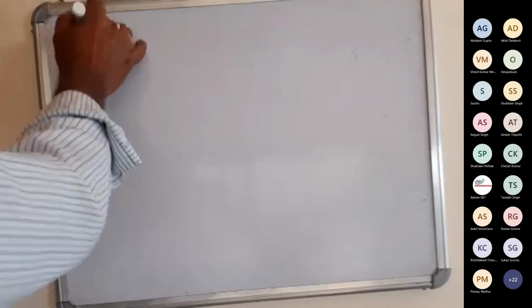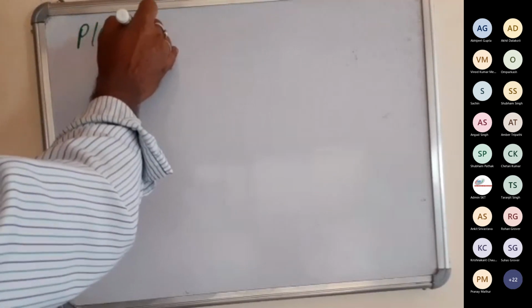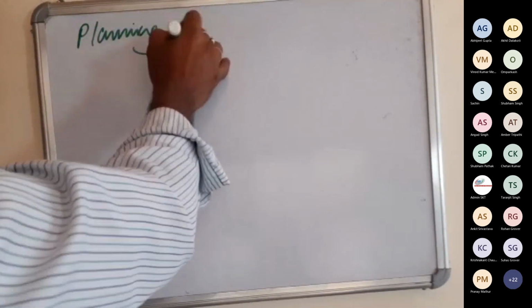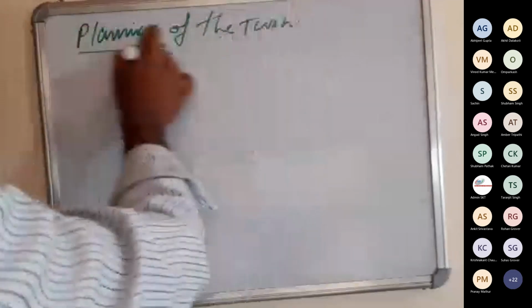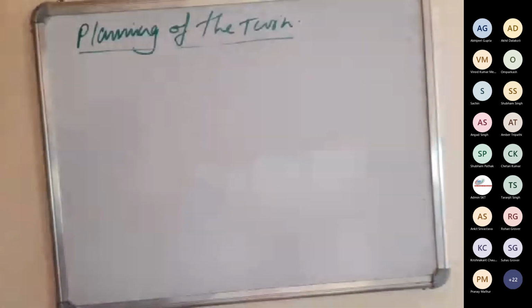But now the planning of the turn. We are supposed to be planning a turn. We have got the chart and we have to turn.